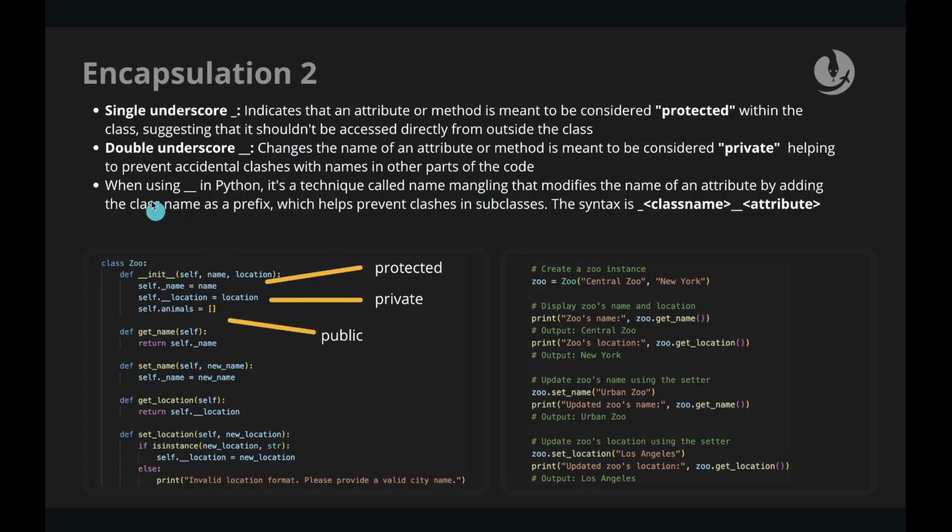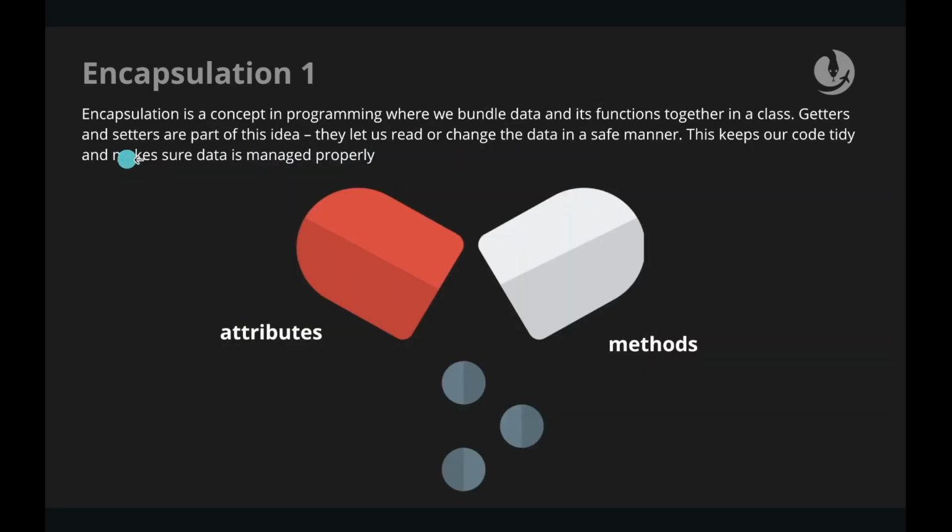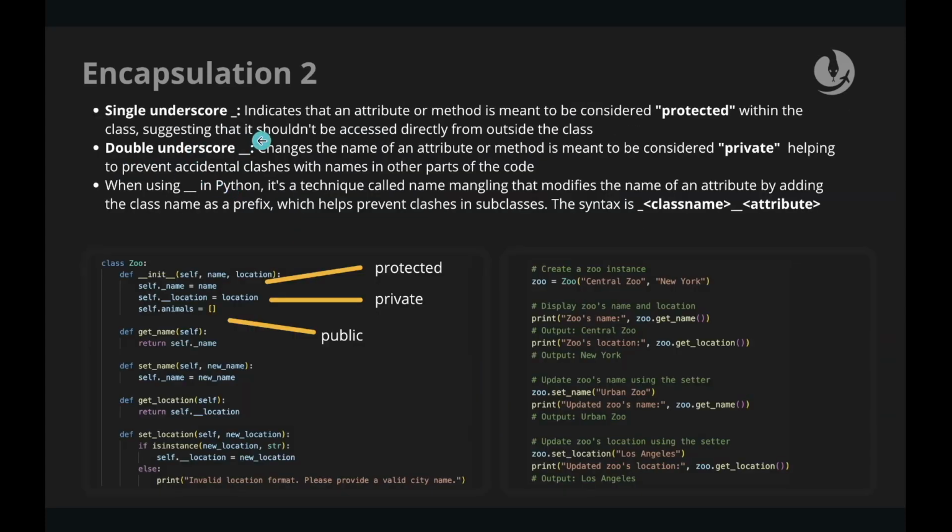Then we have double underscore. This changes the name of an attribute or method. It's meant to be considered private, helping to prevent accidental clashes with names in other parts of the code. And this double underscore is related to a technique called name mangling, which modifies the name of an attribute by adding the class name as prefix, which helps prevent clashes in subclasses.